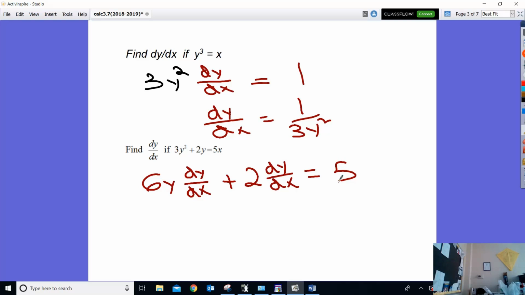Now, if you look at that little 4-step thing over there, we don't have to do step 2. We just have to do step 3. What do both these on the left-hand side contain? So pull it. And I am a bigger fan of dy dx than prime notation, just because it says what you're doing. You guys agree with 6y plus 2 being left over?